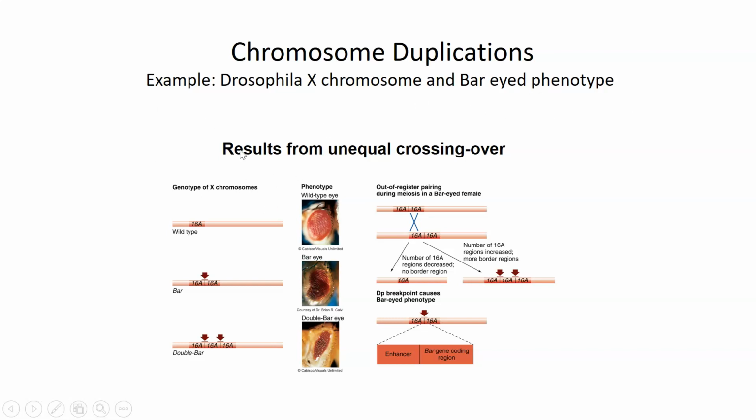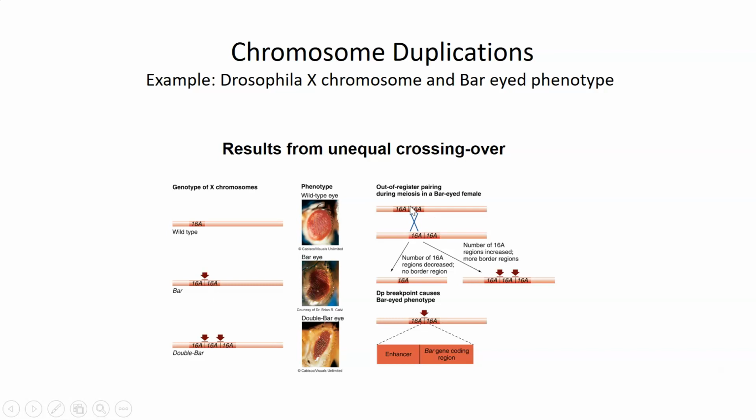This chromosomal rearrangement results from an unequal crossing over, aberrant crossing over between a repetitive element, such that a wild-type chromosome having one copy of this 16A region ends up producing a chromosome having two copies. That produces a phenotype called Bar-I, an elongation of the oval shape of the normal wild-type eye.